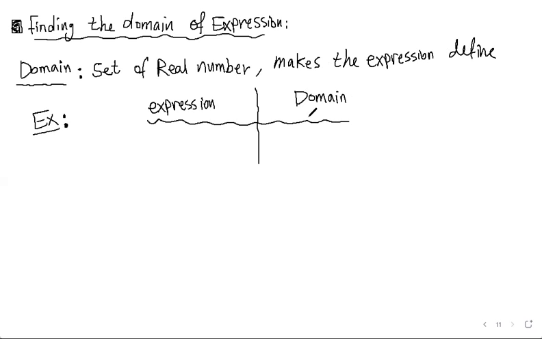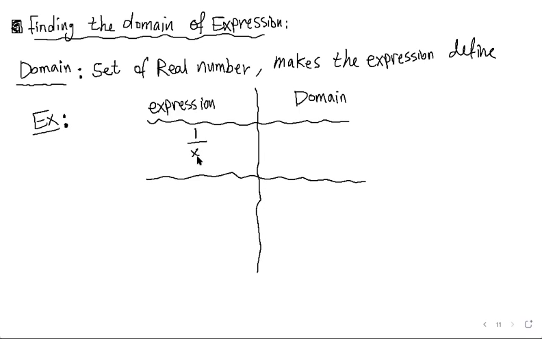What can I plug inside this expression such that it keeps defined? Can I plug positive numbers like 1, 2, 3, 4, 5, 6? 1 over 1 is defined, 1 over 2 is defined, 1 over 3 is defined.